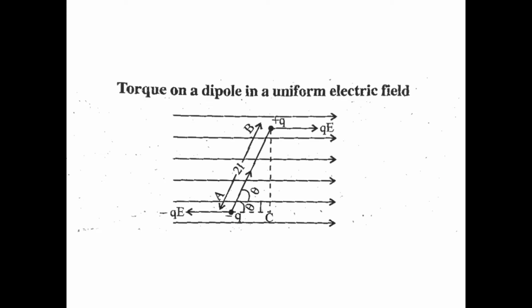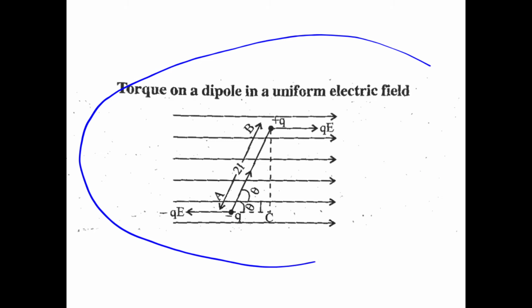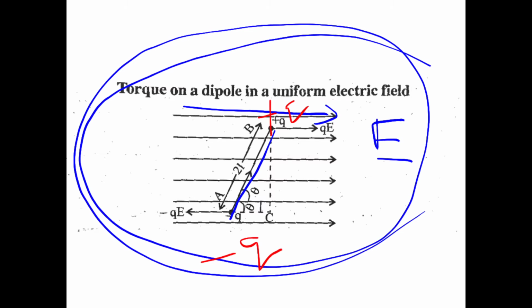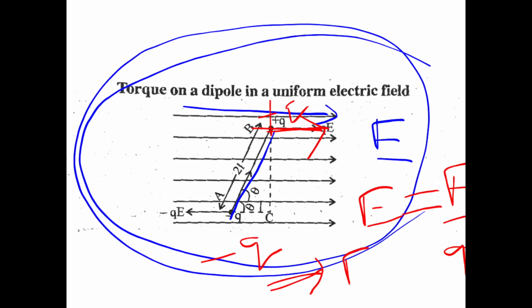Next, here see the total figure, which is very important. This is a uniform electric field. Here a dipole AB is present, of charge plus Q and minus Q. We know E is equal to F by Q, so F is equal to EQ.